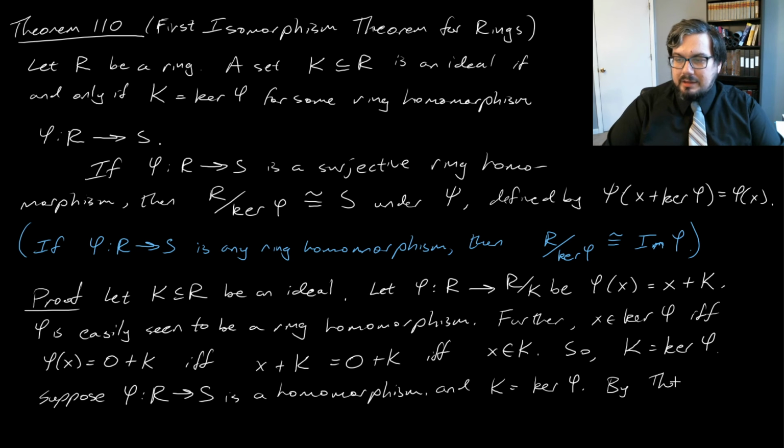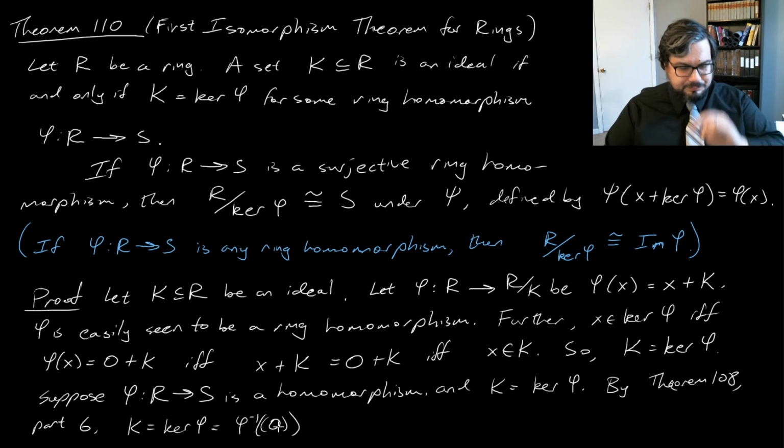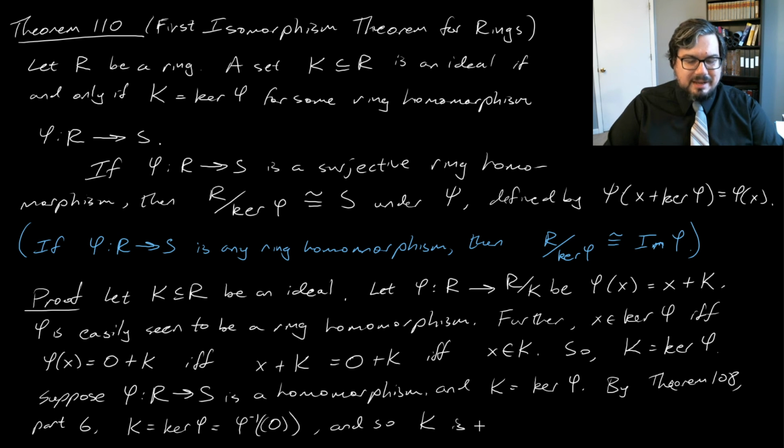By theorem 108 part 6, we have that K is equal to the kernel of phi, which is equal to the preimage of the ideal 0, and so K is an ideal.